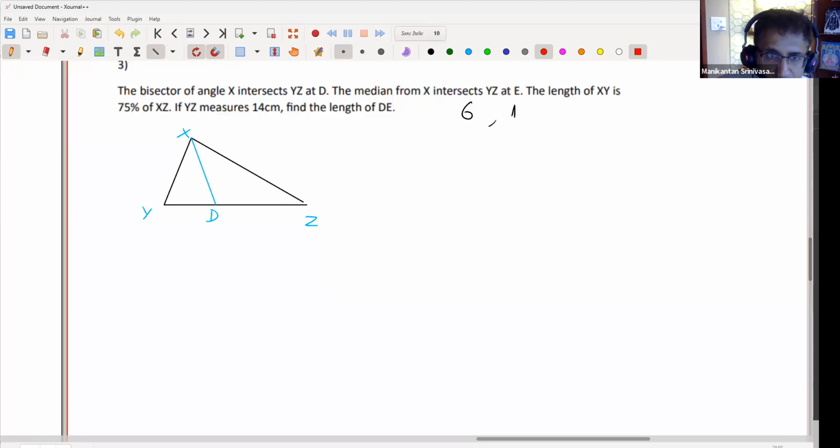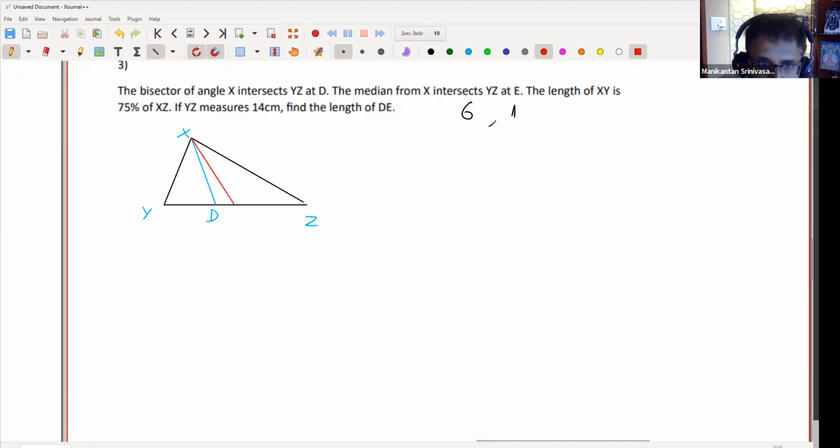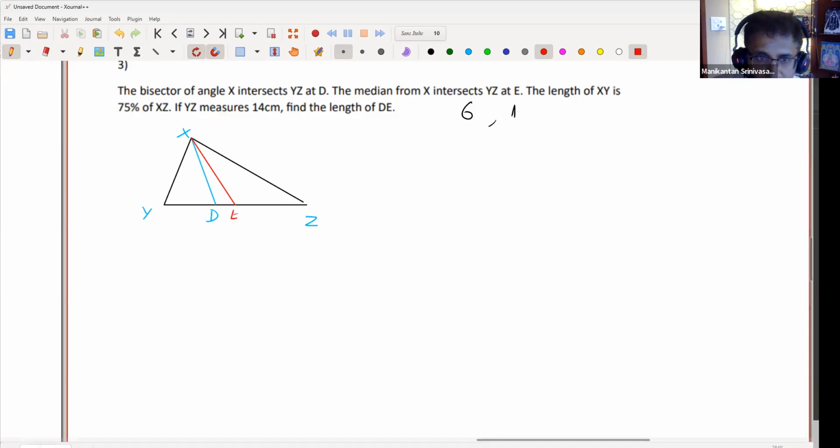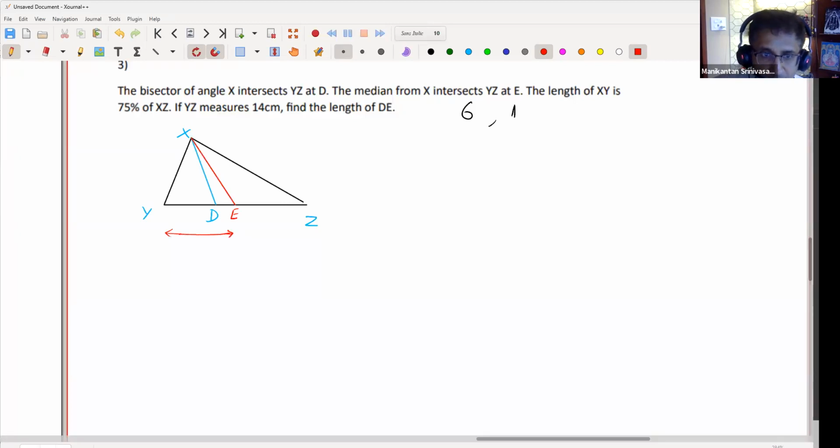The median goes from here to the midpoint, which is this. So this is E. So clearly YE is 7, half of 14.